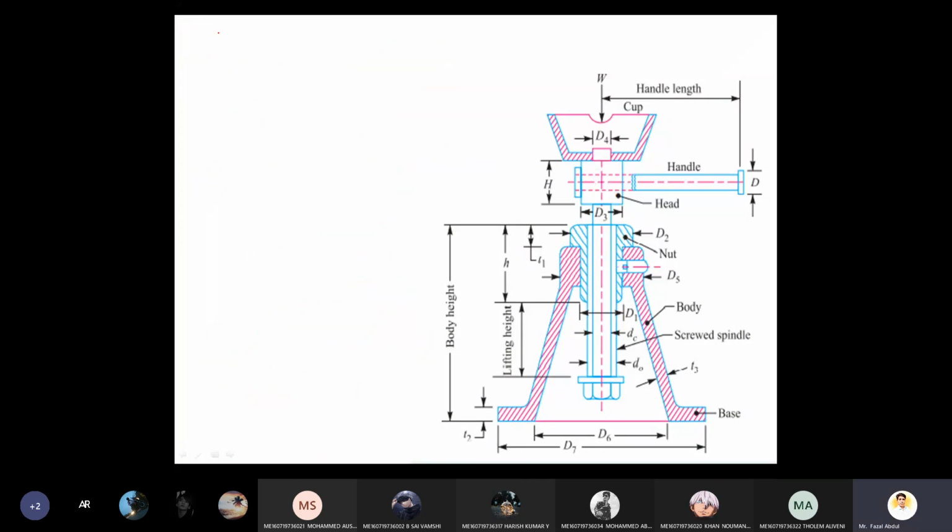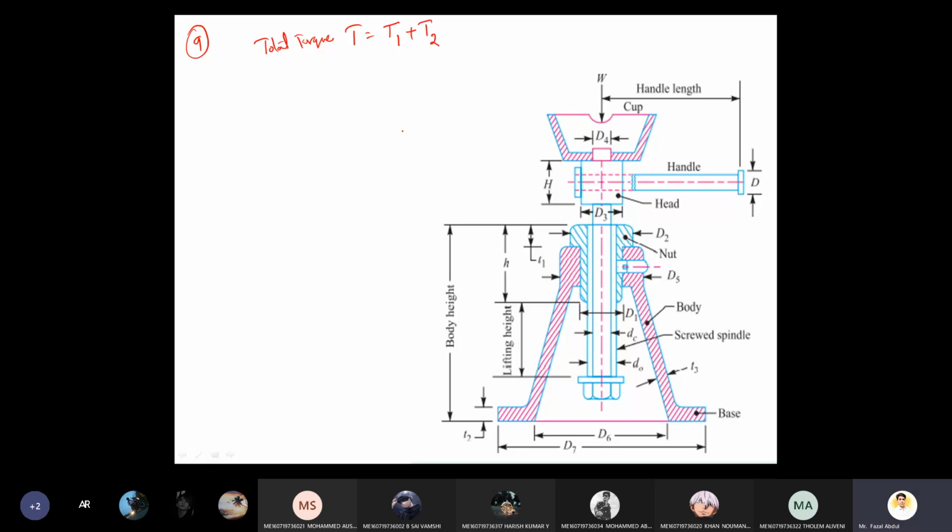Now the ninth point: total torque required here. Total torque T is nothing but the torque required for lifting the load, T1, plus the torque required for overcoming the friction, T2.